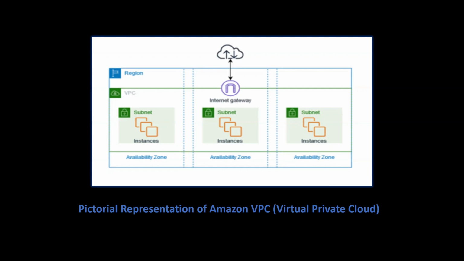For any other public needs, or if you want to communicate or get some data from outside, that kind of need is also achieved through this VPC. Because it is called a virtual private cloud, you should not think, what about the public needs of to-and-fro messaging or data flow in and out towards the outside world? Nothing is going to be affected, because the internet gateway will help us to do that as well.